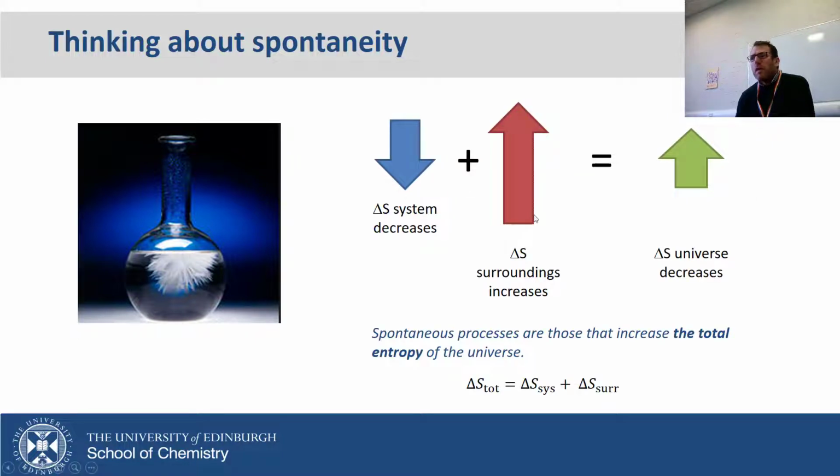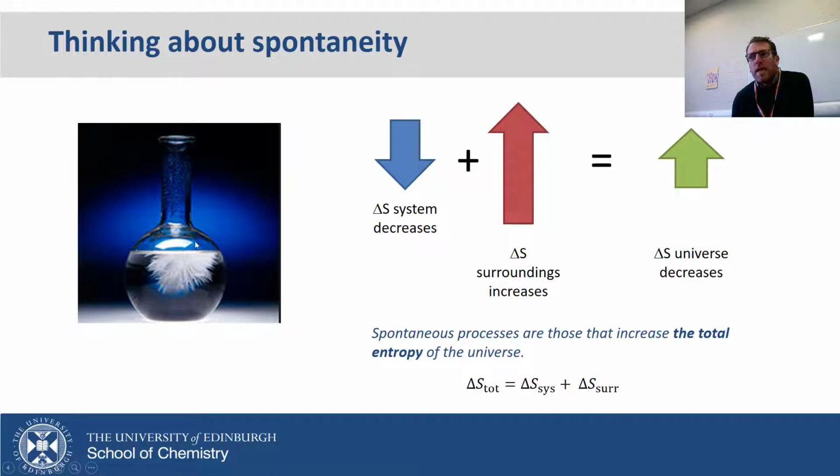And the way we can rationalize this is to remember that the entropy change that we need to consider, according to the second law of thermodynamics, is the total entropy of the universe. Whereas what I've been talking about in my crystallization here is the entropy of the system.